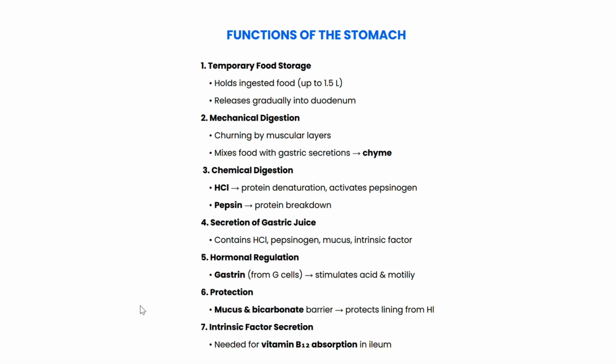A lack of it can eventually lead to a condition called pernicious anemia. So, all in all, the stomach is a highly specialized organ, not just storing food, but actively mixing, digesting, protecting itself, and regulating the next steps in the digestive journey.